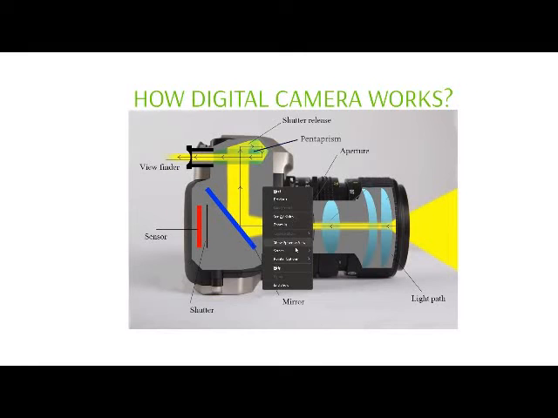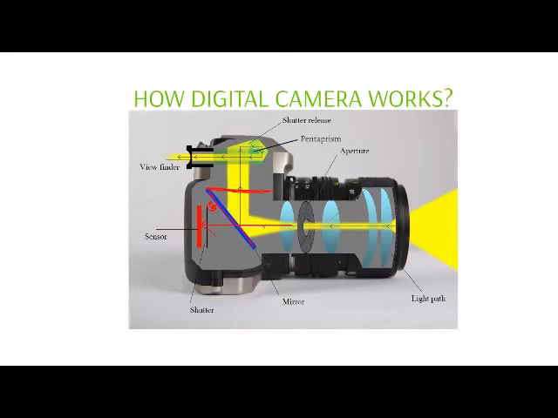Let me just see if I can write it. At the moment, it is something like this. But when you click this shutter release button, it will go flat like this. When it goes flat and this shutter rolls up here, the light travels straight and hits the sensor, right?